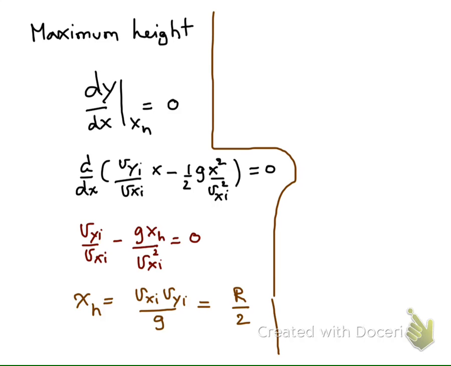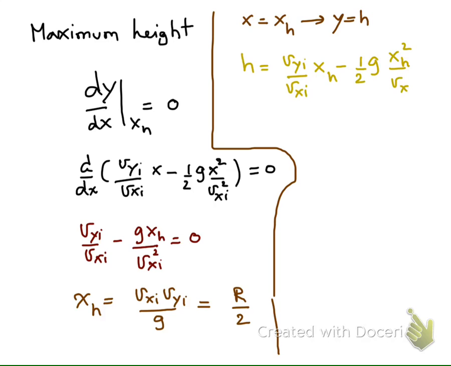At x equal to xh, y is equal to h, and we have that h is equal to vyi over vxi times xh minus half of g xh square over vxi square, and we substitute the value of xh for this x.